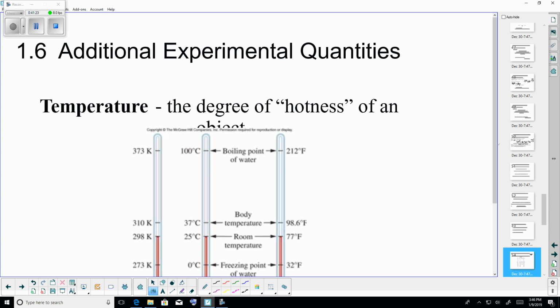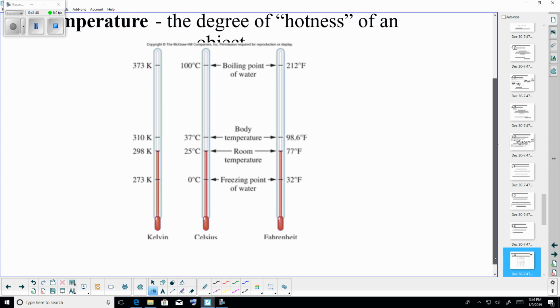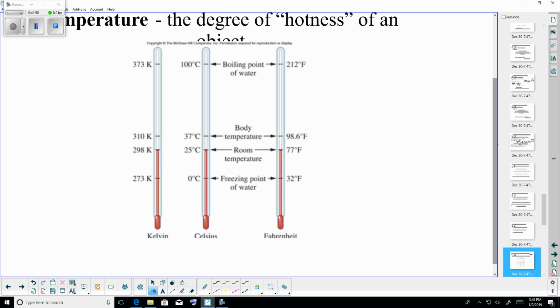Temperature. If you hadn't realized, temperature is the degree of hotness of an object. There are 3 temperature scales that people use.